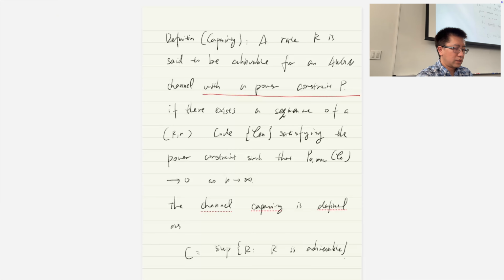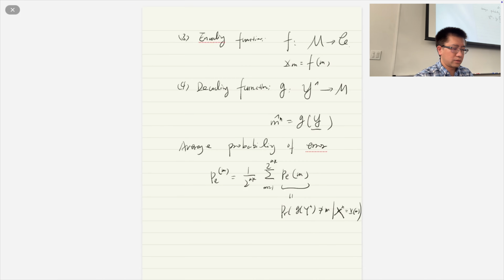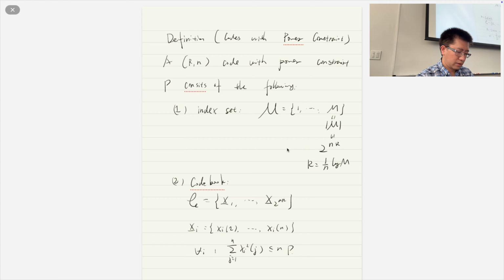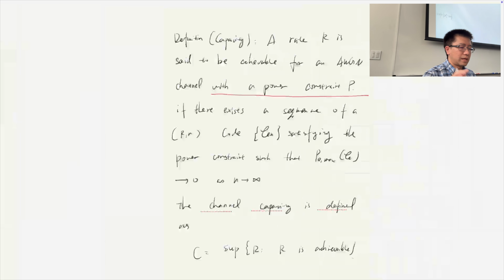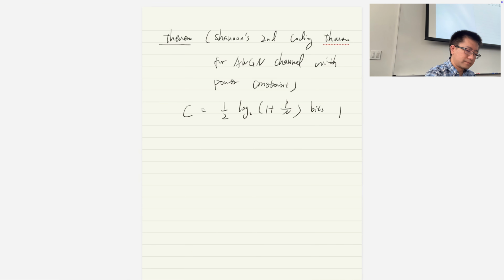For example, if we design a channel code in this way, how many channel uses do we have for one code? Exactly, so this is the number of bits per channel use. And clearly that equals the C prime that we have seen before.